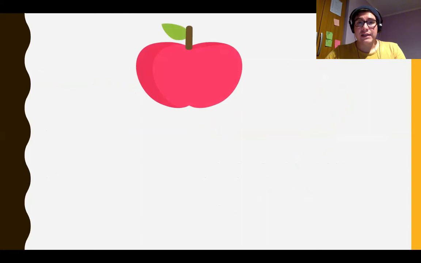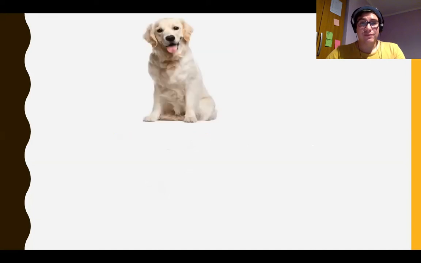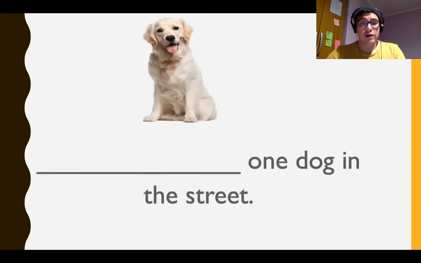Let's see a few examples now. Here we have one apple in my house. What should we add in this space? There is one apple in my house. We have one dog in the street.